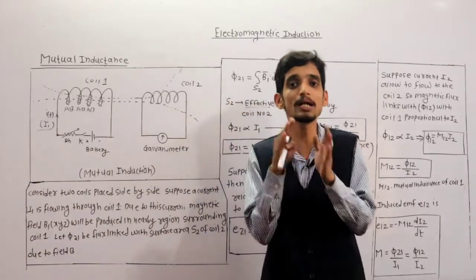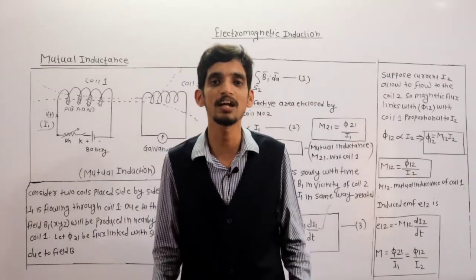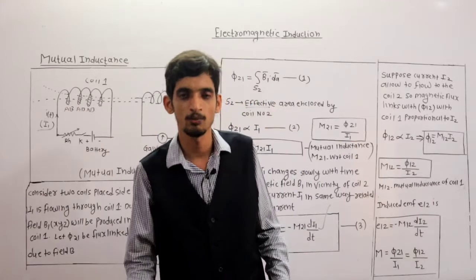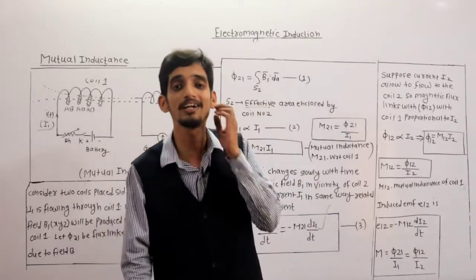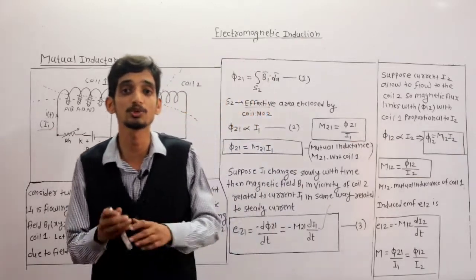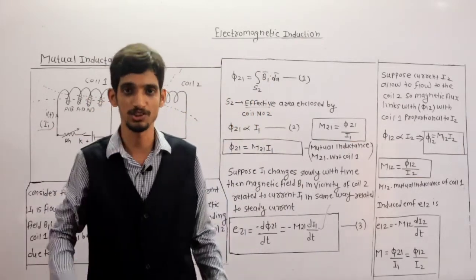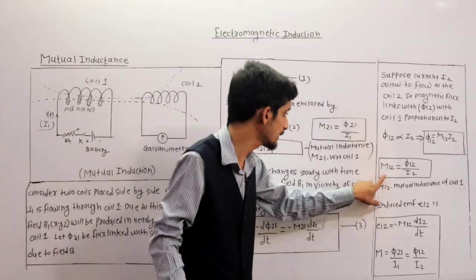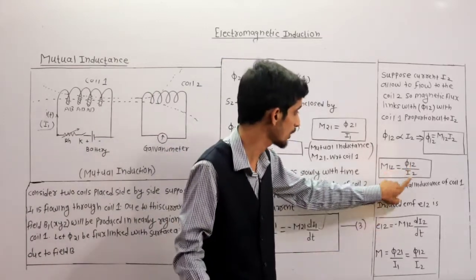Clear? So M12 and M21 are generally called mutual inductances: M12 is the mutual inductance when current in the second coil is changing, and M21 is when current in the first coil is changing. Clear? Okay. So M12 is equal to phi 12 upon I2.